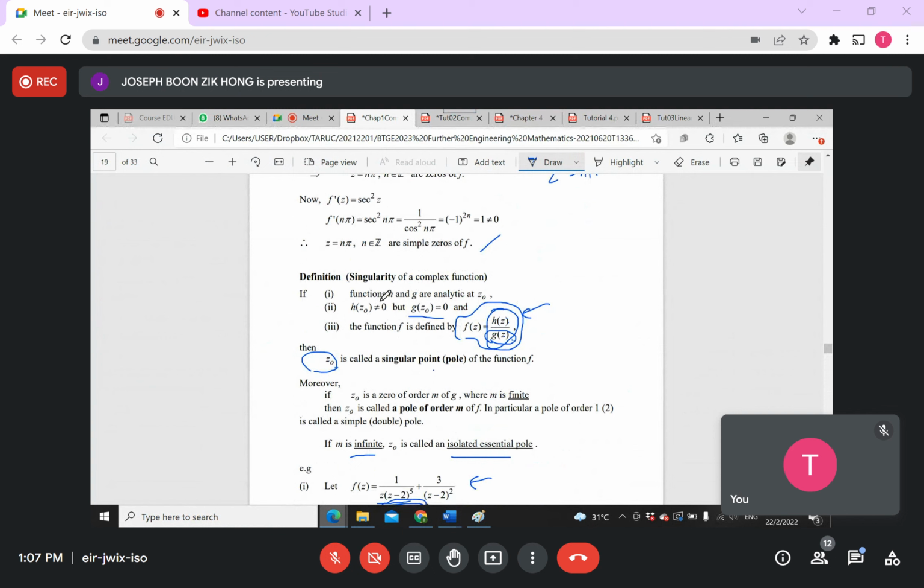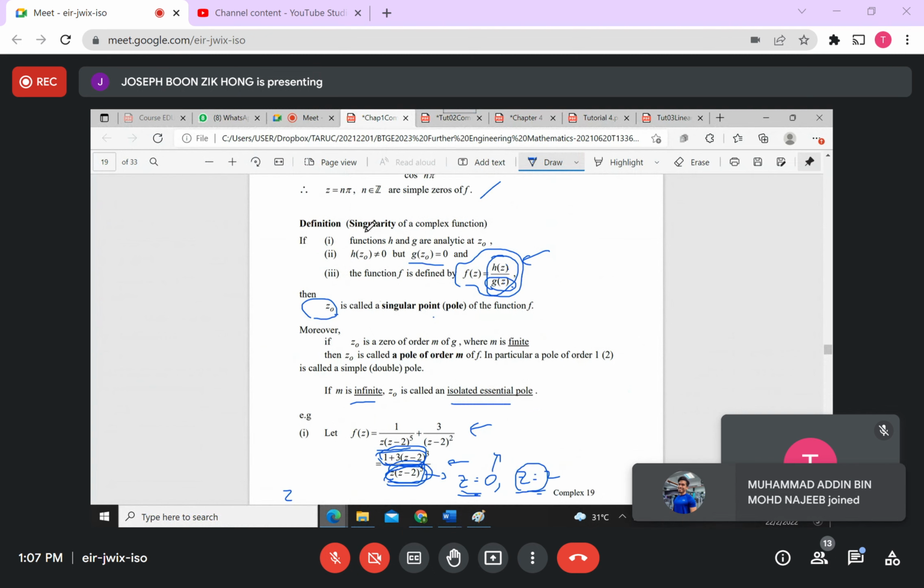Okay, so when we say singularity, actually we want to find the pole. We want to find where is the pole. The pole is very simple. Normally we try to find where the denominator is equal to 0, and then we will get the pole. So same thing here.